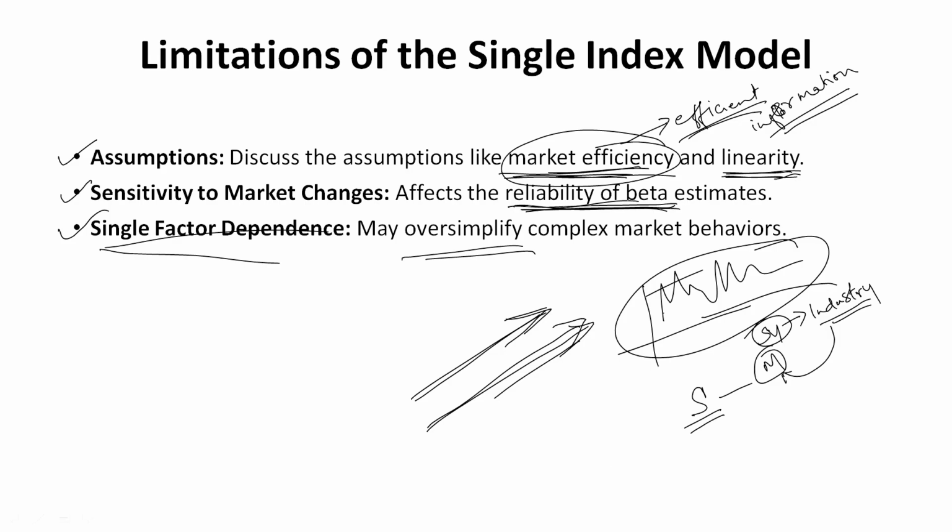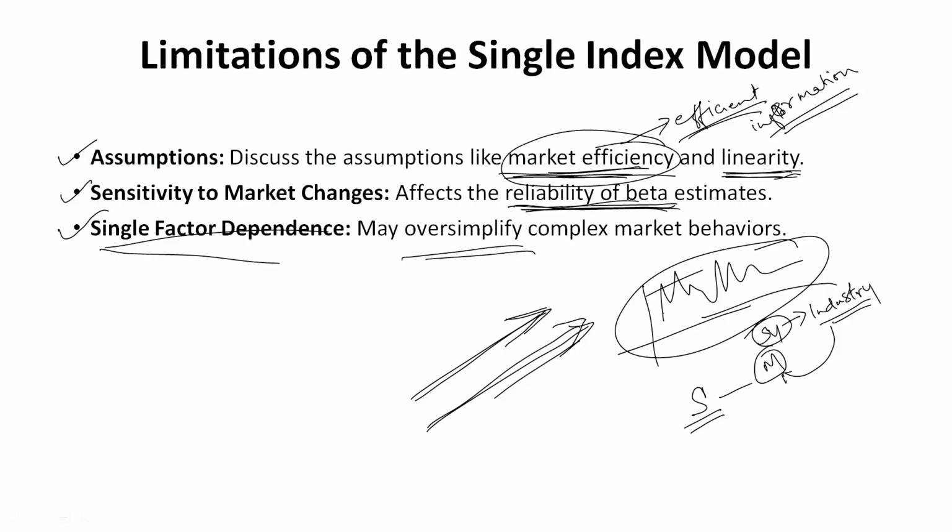That could be another drawback of a single index model, because sometimes systematic risk could be sector specific. When sector specific information is flowing, it need not affect another sector's stock. So that's another drawback you have.